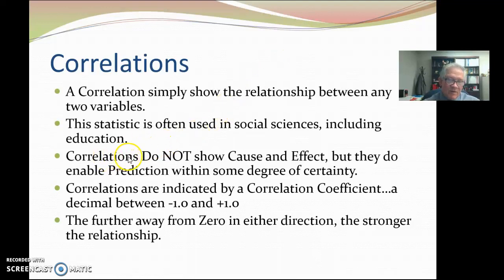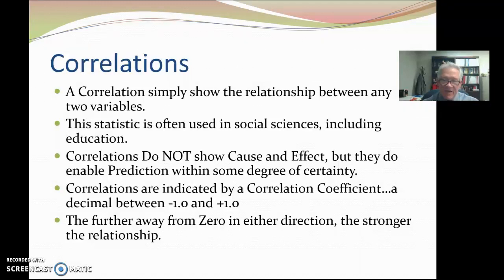Correlations do not show cause and effect. That is, you cannot take a correlation and say that one factor causes another, but you can predict certain things. For example, you cannot say that just because a person is taller, they are going to weigh more. The fact that they're taller does not cause them to weigh more.